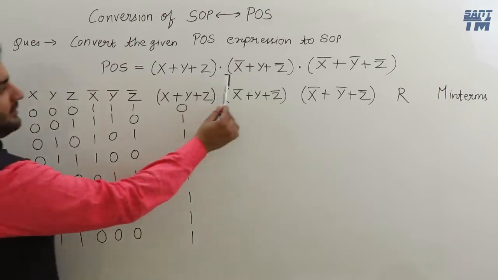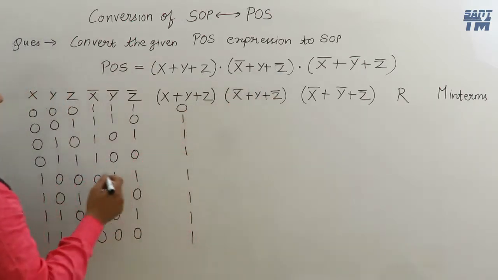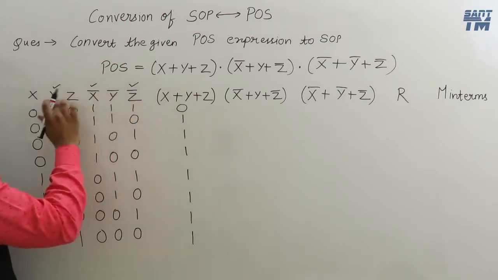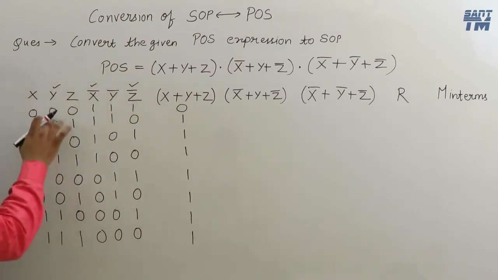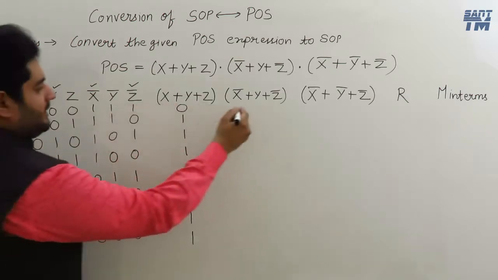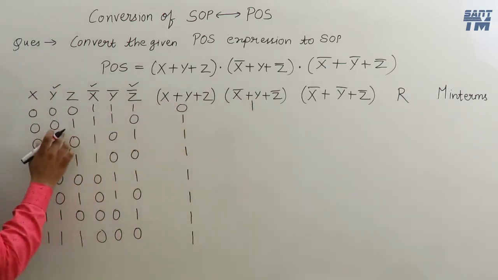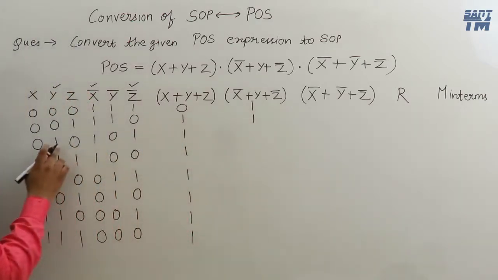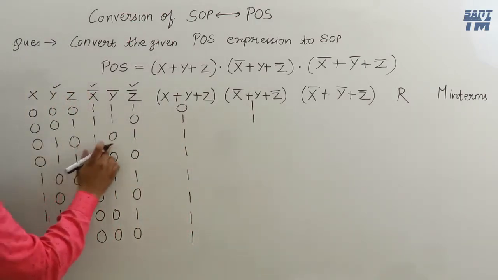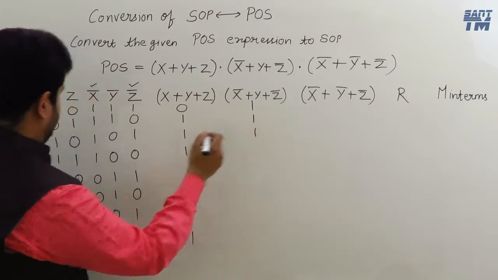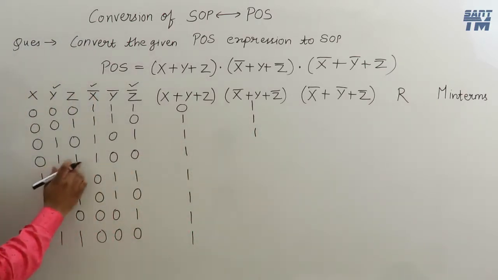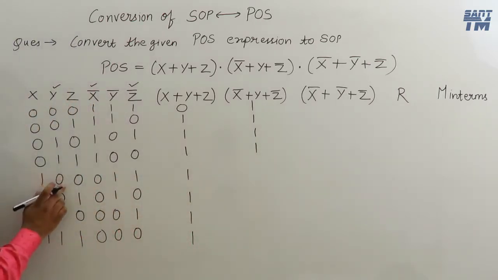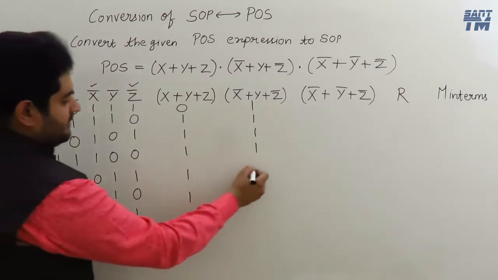Now the second term is x bar plus y plus z bar. Here is x bar, here is y, here is z bar. We have to add these three columns. 0 plus 1 plus 1 is 1. 0 plus 1 plus 0 is 1. 1 plus 1 plus 1 is also 1. 1 plus 1 plus 0 is also 1. 0 plus 0 plus 1 is also 1.